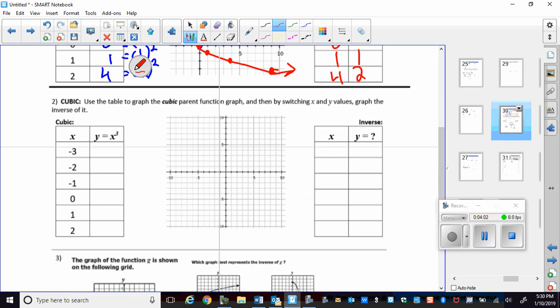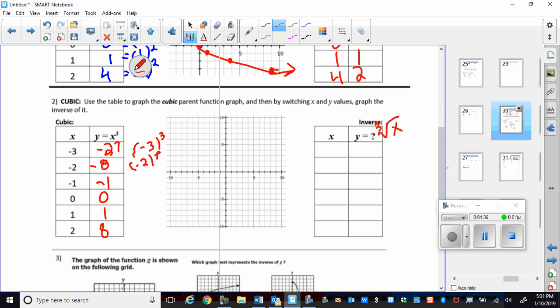Okay? The cube root function, the inverse is the cube root of x. But we're going to find these points a little bit easier by cubing the x value. So -3 cubed is -27. -2 cubed is -8. -1 cubed is -1. 0 cubed is 0. 1 cubed is 1. 2 cubed is 8.